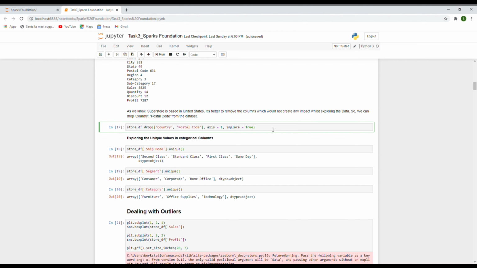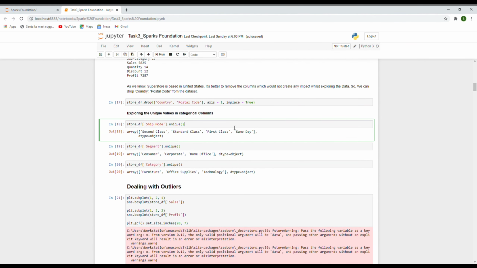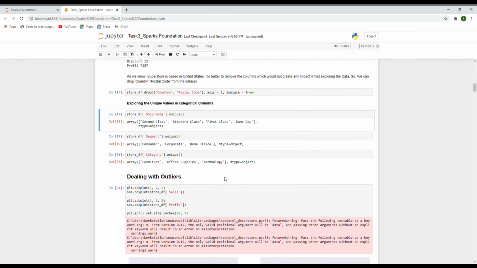So here we have dropped the columns, and now we have determined the unique values in particular categorical columns. In ship mode, we have standard class, second class, first class, and same day. While in segment, we have consumer, corporate, home office, and in category, we have furniture, office supplies, and technology.